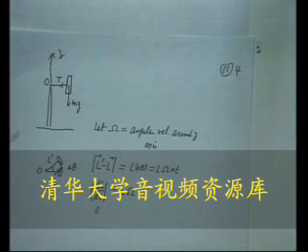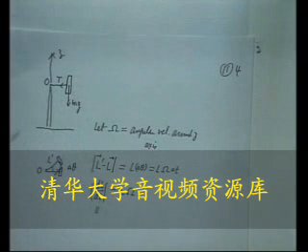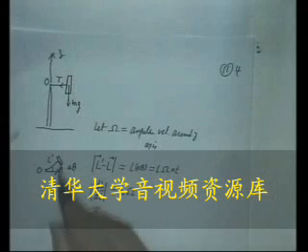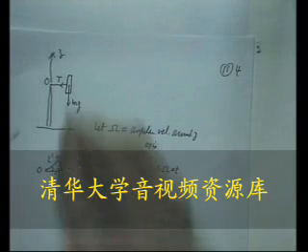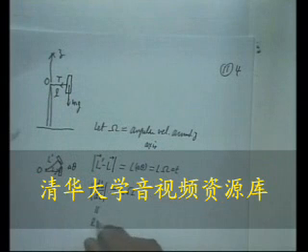So the only torque is exerted by this mg. Now R is along this direction. mg is downwards. So R cross mg goes here into the paper, and that means it's exactly in this direction. So the magnitude of this is equal to, suppose this length is L, then it's equal to L times mg, right?